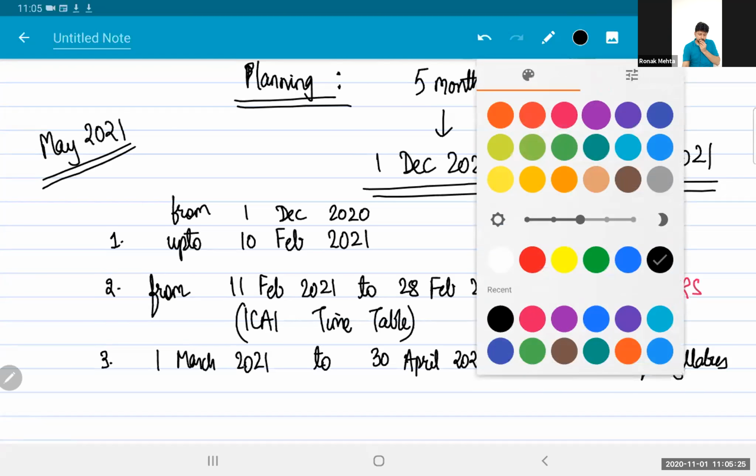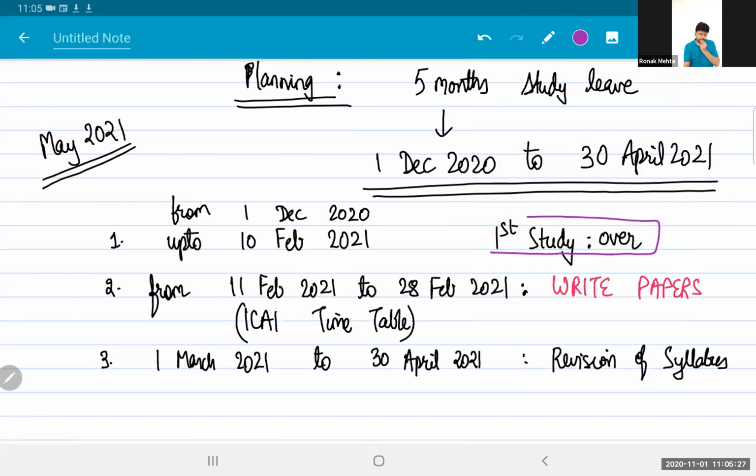So in a way, this is your first study. When you write the paper, this will be your first revision. Even if it is a half-hearted revision, it is still a revision.